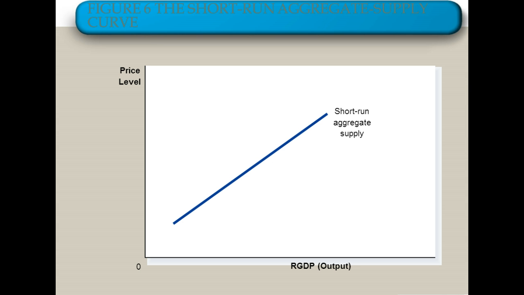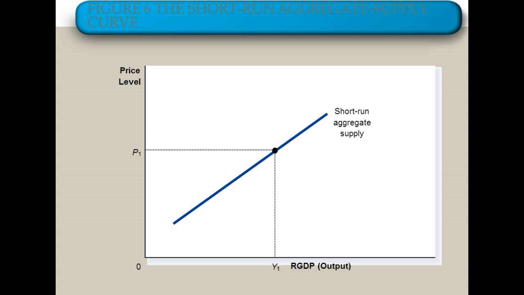Okay, let's now move to the aggregate supply curve, or as I said, the short run aggregate supply curve. And by the way, there's a number of ways to actually draw this graph. You can shorthand it by writing short run aggregate supply curve, SAS, AS, SRAS. Any of those are acceptable notations. And again, what did we learn?